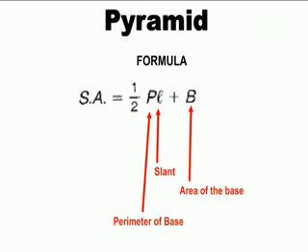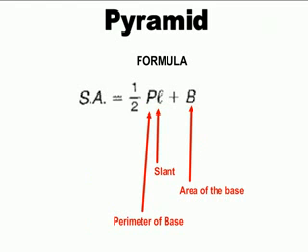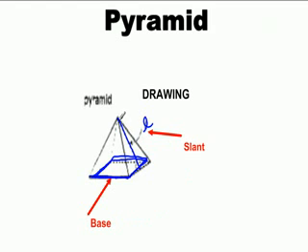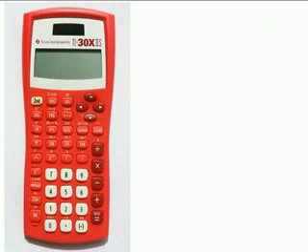Now the formula is 1/2 PL plus the base. So that means it's 1/2 P, which is the perimeter of the base. So if we're looking here, it's side plus side plus side plus side. And then it's times the slant, which is right here, plus the area of the base.